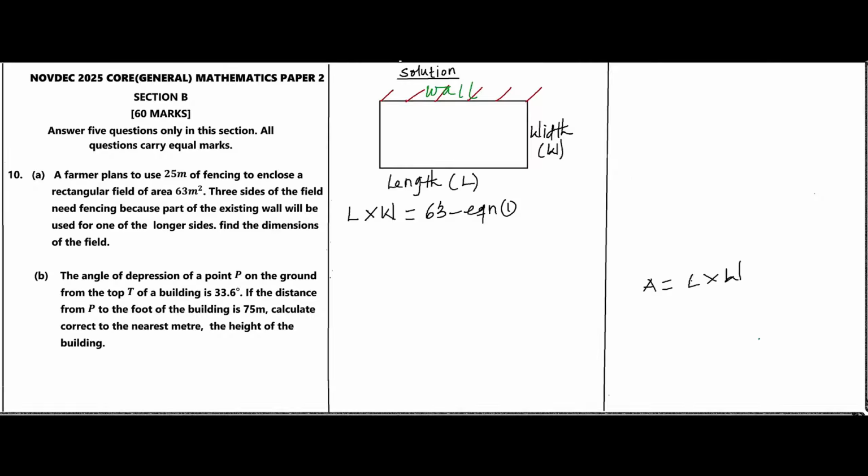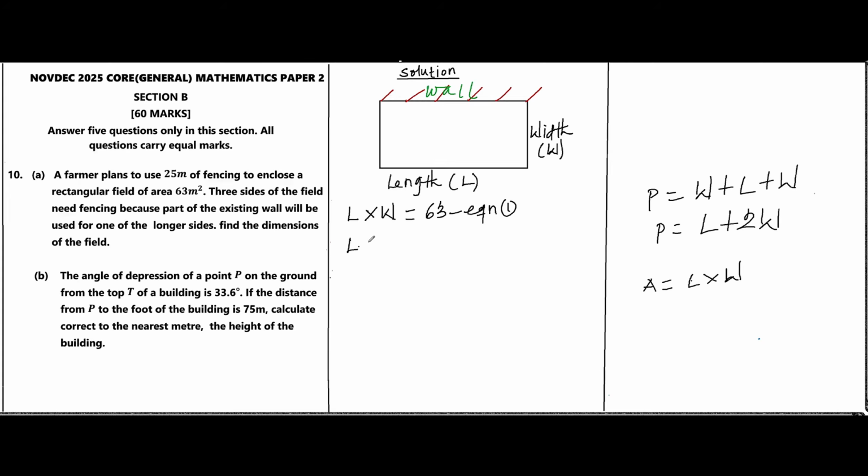So for this field, the distance around will be this width plus this length plus this width. And this is simplified as L plus 2W. So that is the expression for the perimeter.